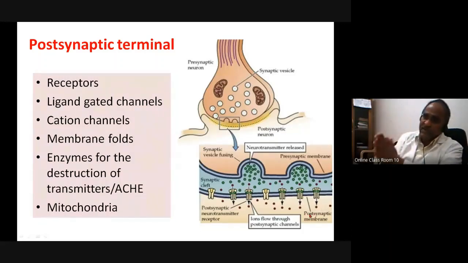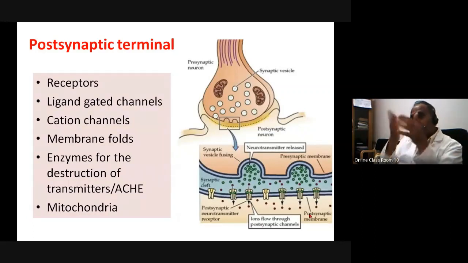So the postsynaptic terminals should have receptors for the transmitter. The synapse releases a specific transmitter, and its receptors should be associated with the ligand-gated channels. There should be an abundance of the cation channels. There should be membrane folds to enhance the surface area, and there should be enzymes for the destruction of the transmitters.